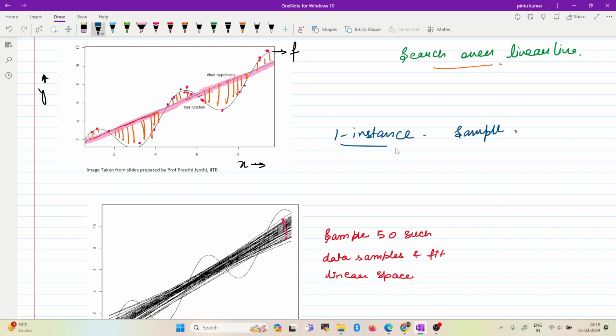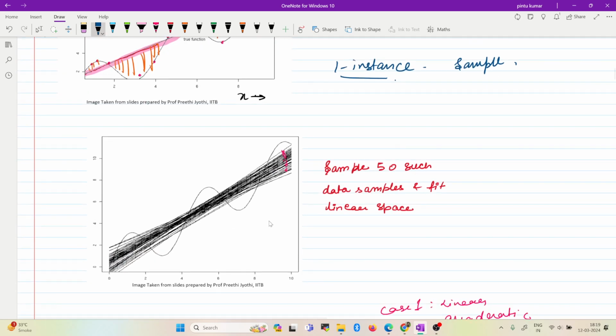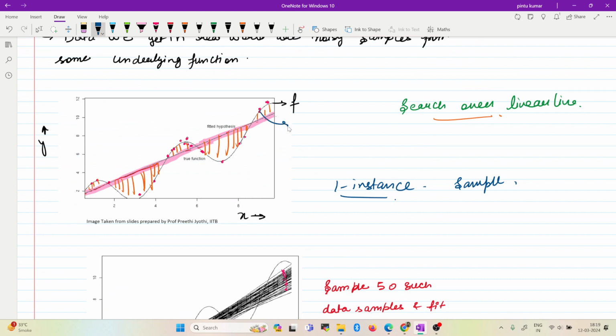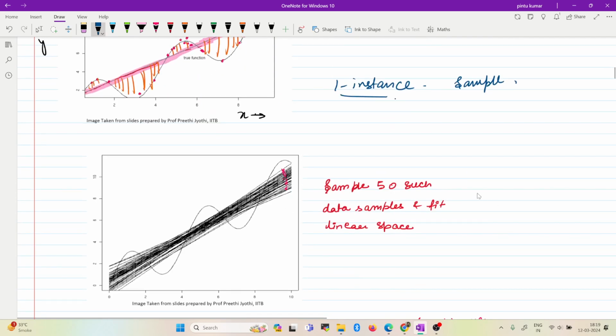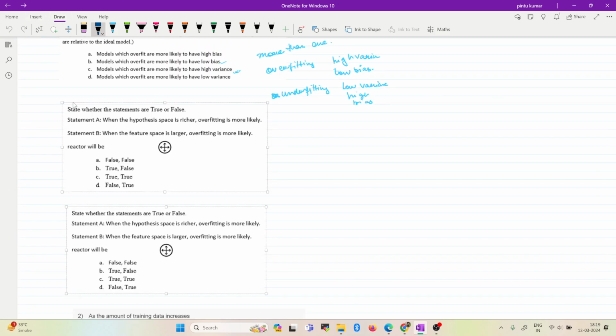Let's say there were 20 pink points that we sampled. We'll sample these 20 points 50 times, not only once.